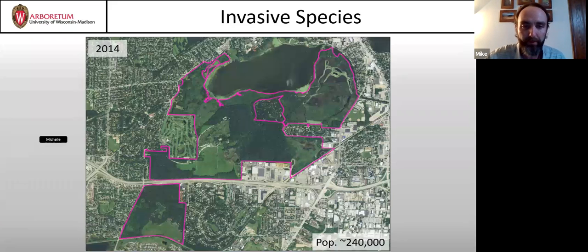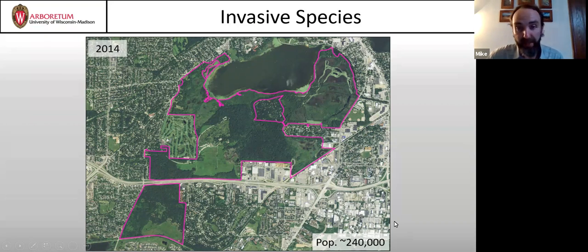And then fast forward to the present day, or 2014, when this photo was taken, and the entire surrounding area has been filled in with residential and commercial development. Population is much higher now than it was then.